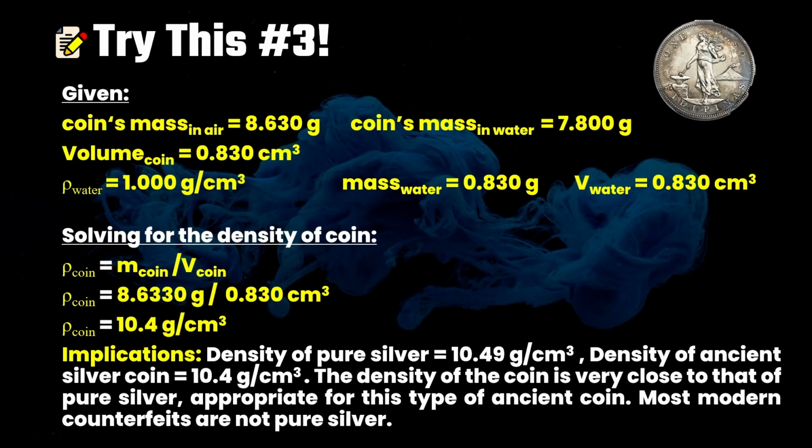This is appropriate for this type of ancient coin because most modern counterfeits are not pure silver. If there is a deviation, even if it's around 0.0 something or 0.001, that's close enough for the authenticity of the coin when you compare it to a particular metal, silver or gold.